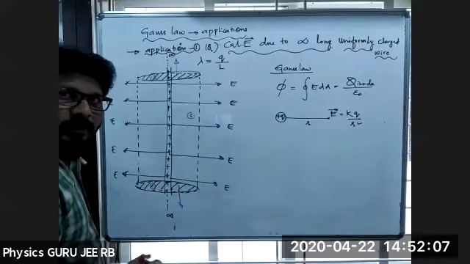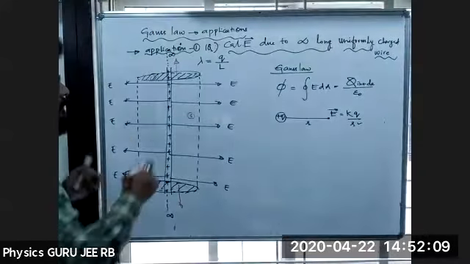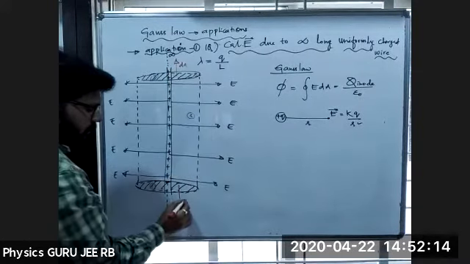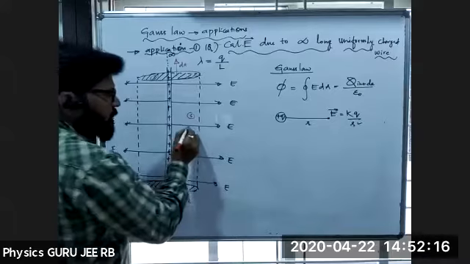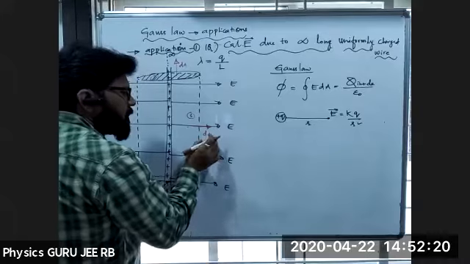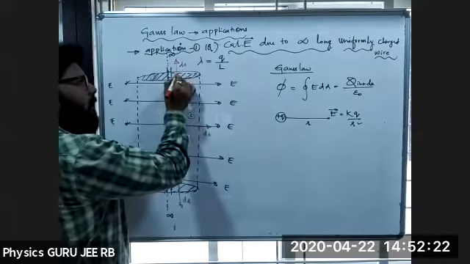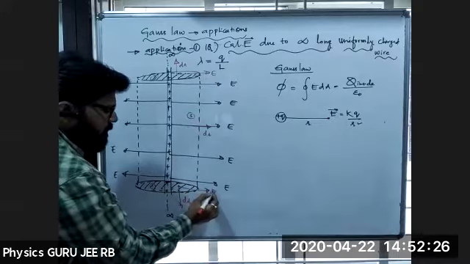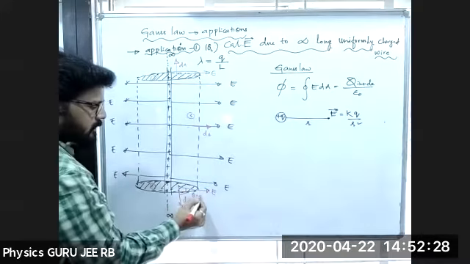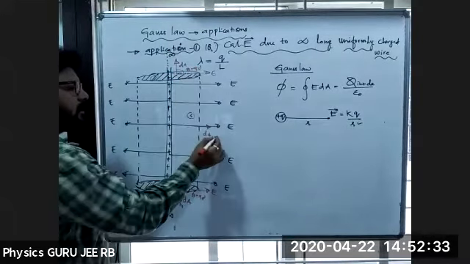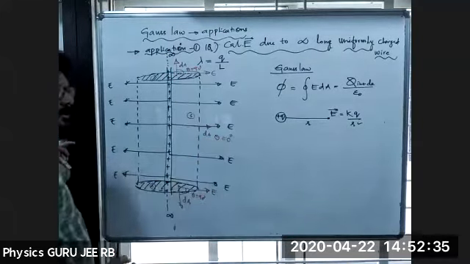The direction of the area vector dA is always perpendicular to the surface. Here dA and E make an angle of 90 degrees, theta equals 90 degrees. Here also theta equals 90 degrees. Here theta is equal to 0 degrees.